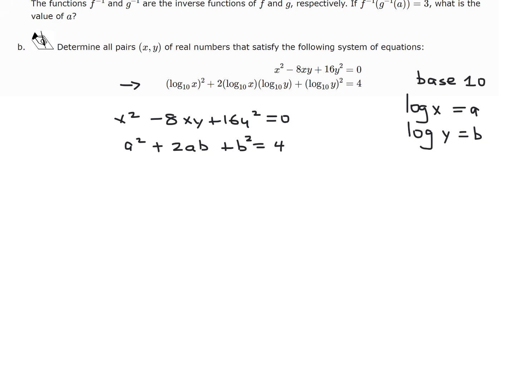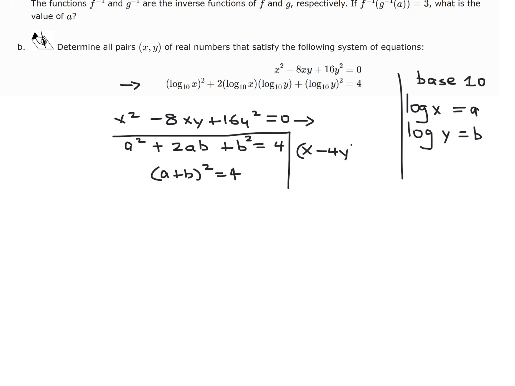And that basically is (a plus b) squared is 4. And this one is the equivalent of, I believe, (x minus 4y) all squared is 0. Okay. So that's pretty good.